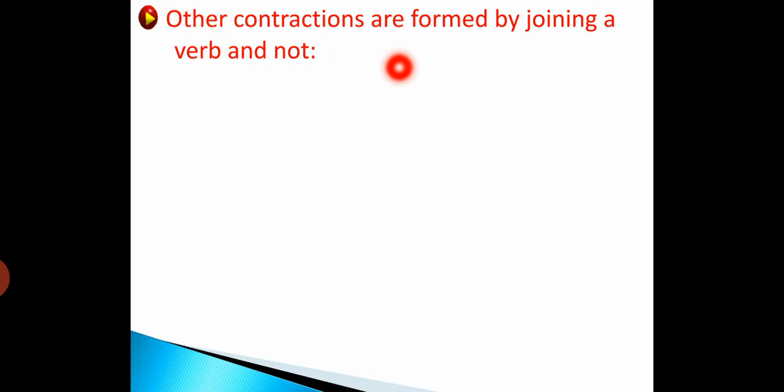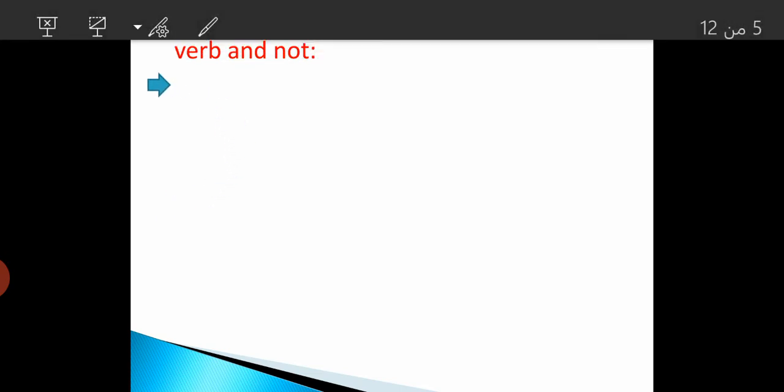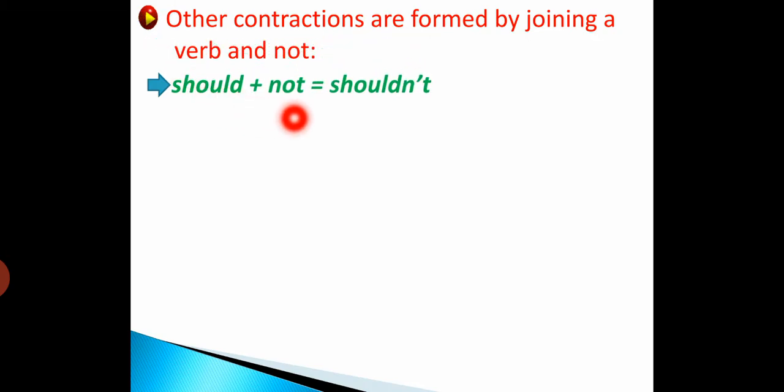Other contractions are formed by joining a verb plus not. For example, should plus not. So we are gonna make the contraction for not. So it's gonna be shouldn't. Another example, were is a verb plus not.